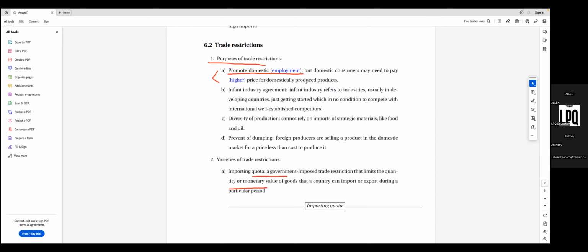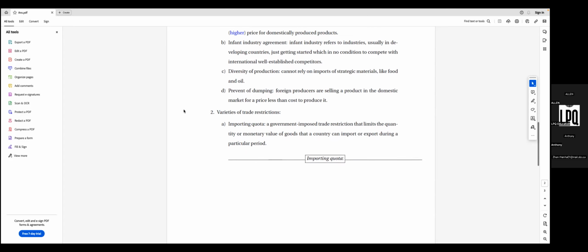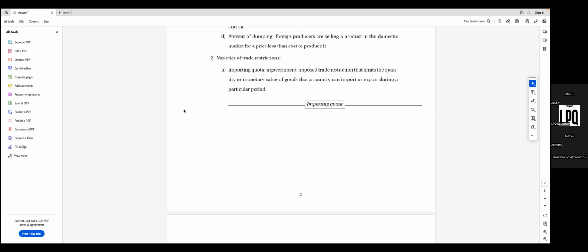They will lose their jobs. So to promote domestic employment, how do we reduce the quantity we imported from China?